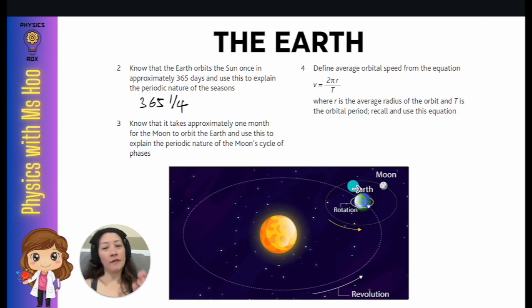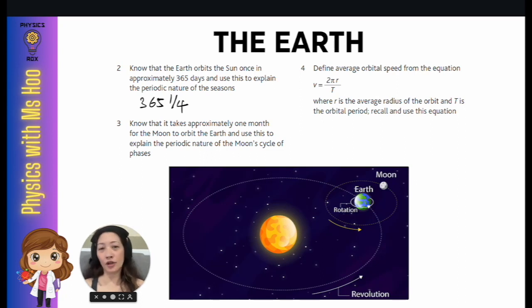The combination of the tilt of the Earth together with the Earth's orbit around the Sun is what gives the different countries on the Earth the nature of seasons. So you'll find that there are some countries, both in the northern and southern hemisphere, that get 4 seasons. You get the spring, summer, autumn, and winter. There are also some parts of the Earth where they don't get all these 4 seasons.